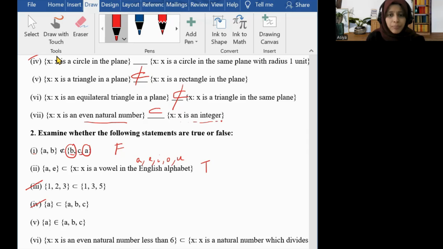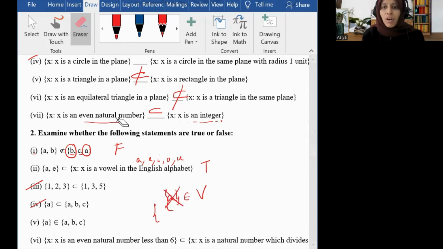Now, the fifth one. What does it say? Set {A} belongs to set {A, B, C}. If you recall, we were writing elements when we were writing belongs to. We were not writing a set. When we were discussing vowels, I was writing A belongs to the set of vowels. I never wrote A in the form of a set.